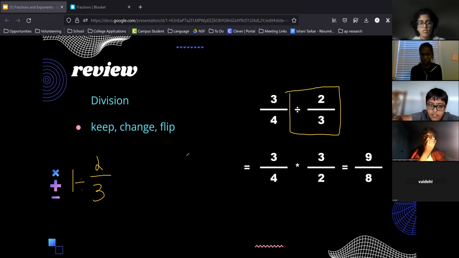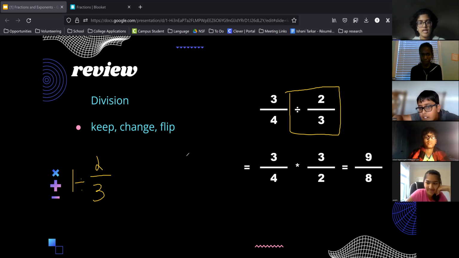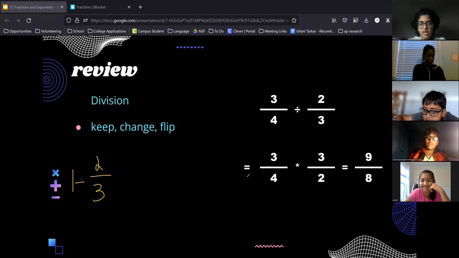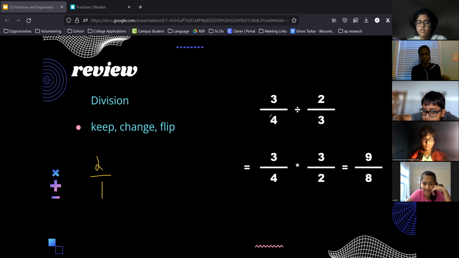And that's what I mean when I say that a reciprocal is the exact opposite of a number. Let's take a number that we could write as a fraction, 2 over 1, which is equal to 2.